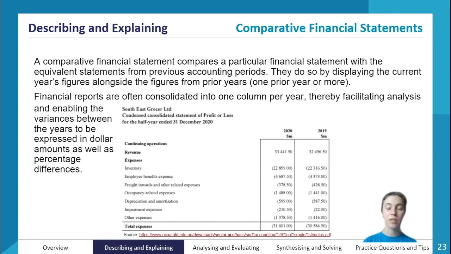So you might have seen this in stimulus you may have gotten before, or other sort of examples you may have looked at. So financial reports are often consolidated into one column per year to make this analysis a lot easier, because then you're able to analyze the differences between the different years based on dollar amounts, so how much it's actually different in terms of a dollar monetary value, and then also percentage differences as well.